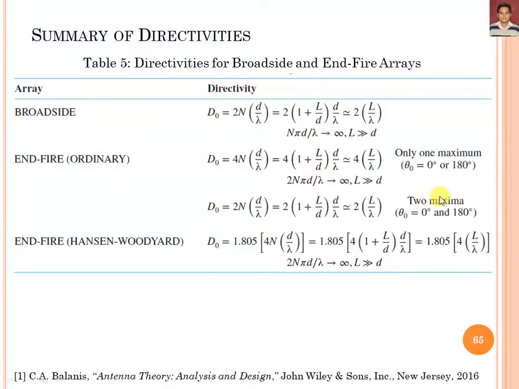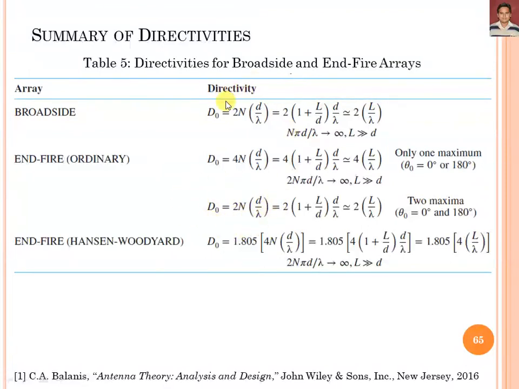When we consider the two maxima together, theta naught equal to 0 degrees and 180 degrees, the directivity D naught equals 2nd by lambda, which is similar to the directivity of the broadside array. This is the point to keep in mind: how we can differentiate the directivity of broadside and end-fire arrays, and how the directivity is affected when we consider the two maxima together.